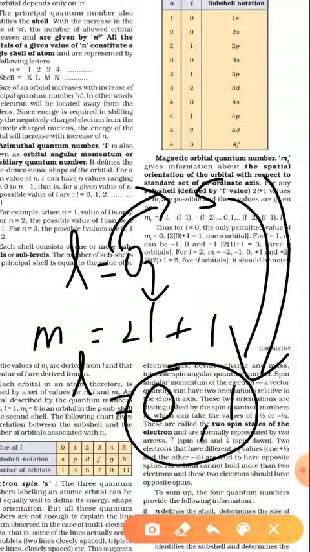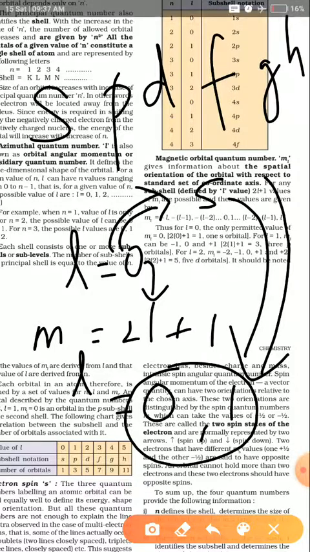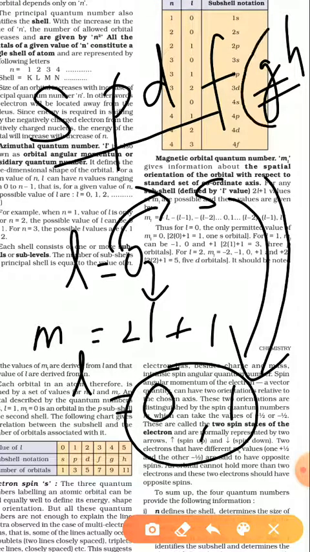Each orbital will have two electrons. This S, P, D, F, G, H: we only need to study the structures of S, P, D and F orbitals. We do not need to study G and H. All of those will have two electrons present in each of the orbitals.